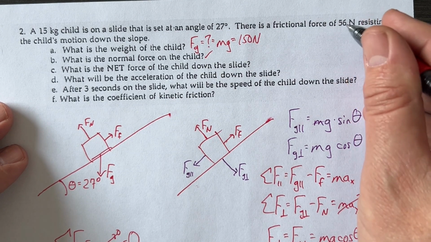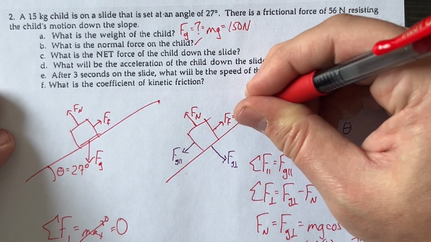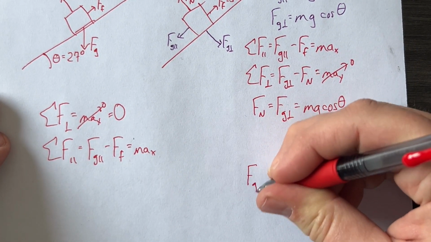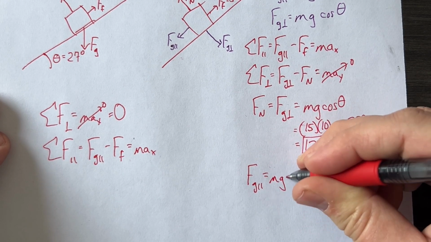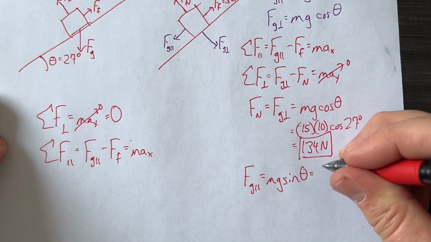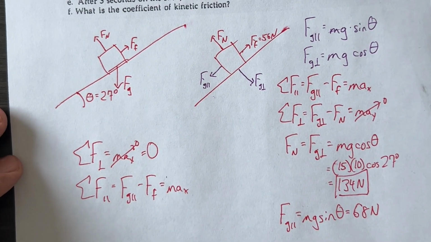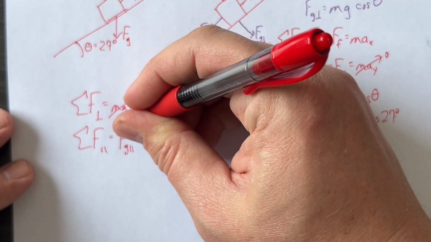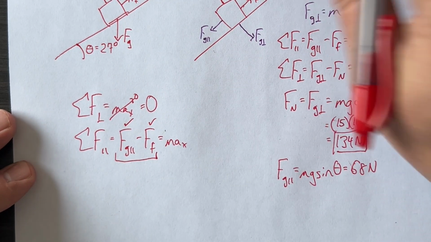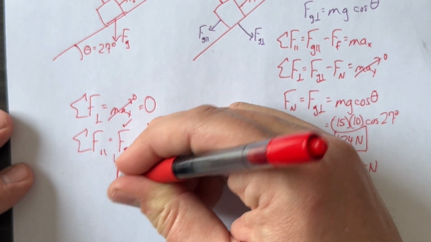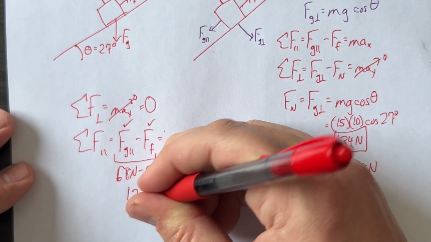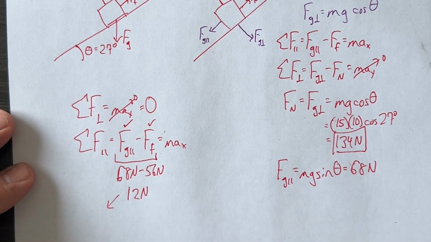They have told us that the friction force is 56 newtons. And we can quickly do a calculation that FG parallel, being mg times the sine of theta, when I do my plug and chug, is going to come out to be about 68 newtons. So now, for our net force, we have these two. That's enough to get our net force. We get 68 newtons minus 56 newtons. So the net force ends up being 12 newtons down the ramp.